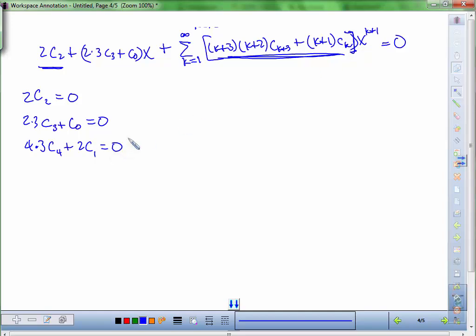So now we have some information about that. This is the summation now when k is equal to 1. I need to know k is equal to 2. Maybe we'll go one more, k is equal to 3.